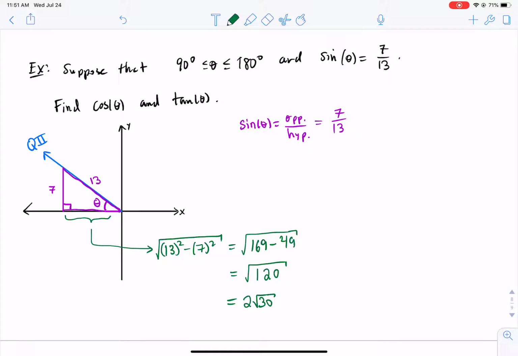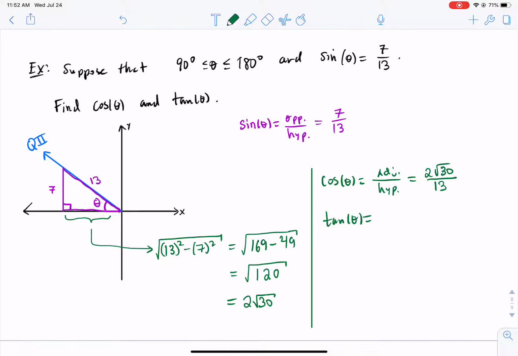So let's see if we can figure out the values for cosine theta and tangent theta. What is cosine theta in this case? Adjacent over hypotenuse. And adjacent here will be 2 radical 30 divided by the hypotenuse, which is 13.